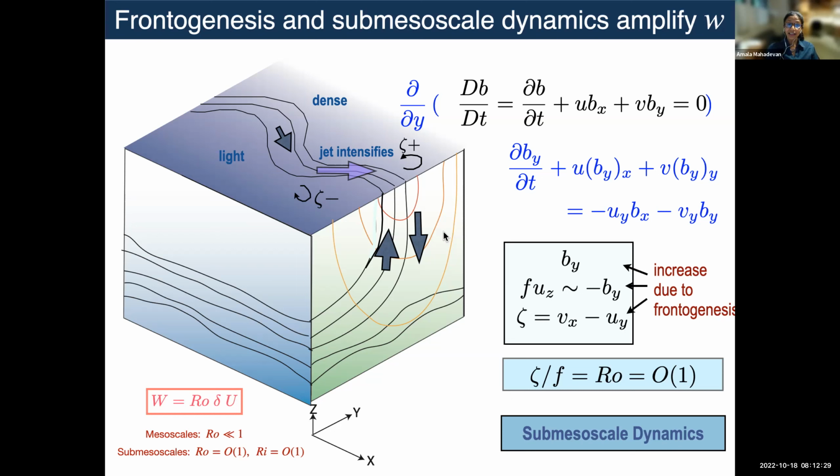And what we found is that as you increase the resolution of the models, you see this happening everywhere in the ocean. While we've been looking at the eddy field using sea surface height, it's hard to see this asymmetry. There's an asymmetry. The positive vorticity increases more than the negative vorticity. I'll show you that in a second. But that's difficult to see from our current methods of observing the sea surface height.